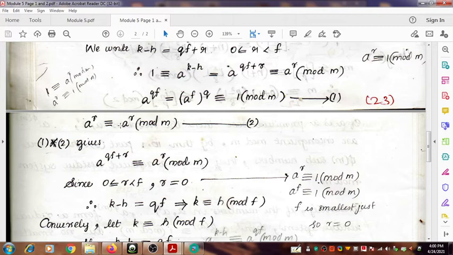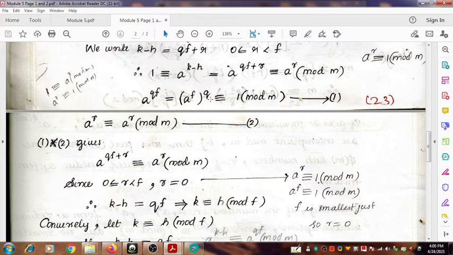Therefore, considering these two expressions, you can apply the multiplication rule once again. In expression 1 this is the first number, and in the second expression this is the second number. You can multiply the left hand sides, and that product will be equal to the product of the right hand sides.